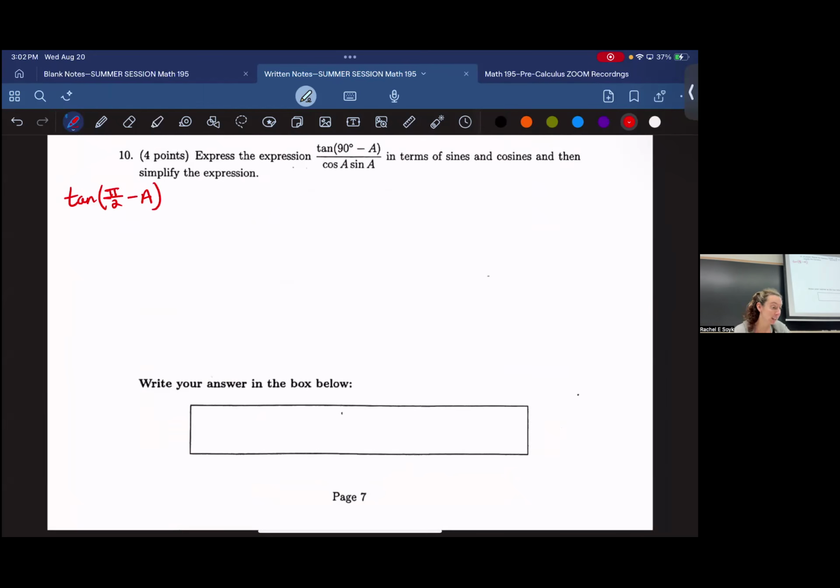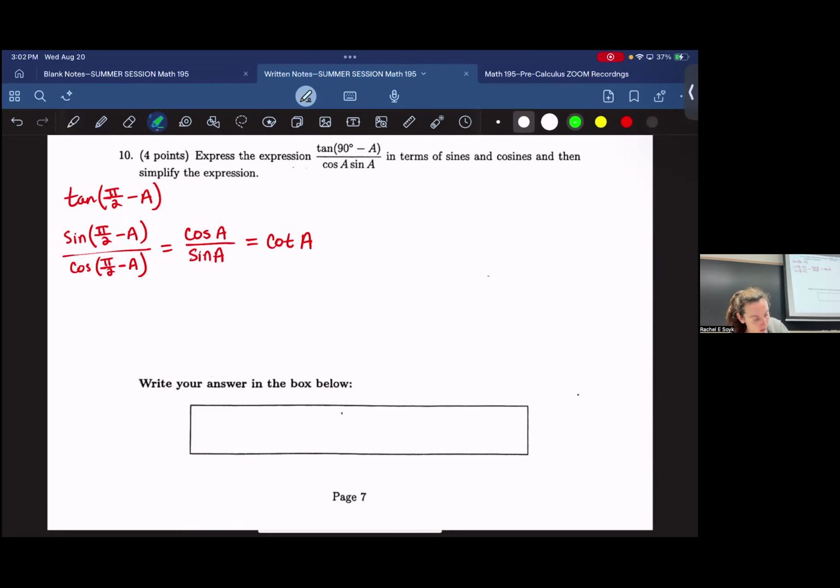Or if you know tangent is sine over cosine, this is the same as sine of pi over 2 minus a over cosine of pi over 2 minus a, which may look even more familiar because the cofunction identities tell us that this is the same as just cosine of a over sine of a, also known as cotangent of a.